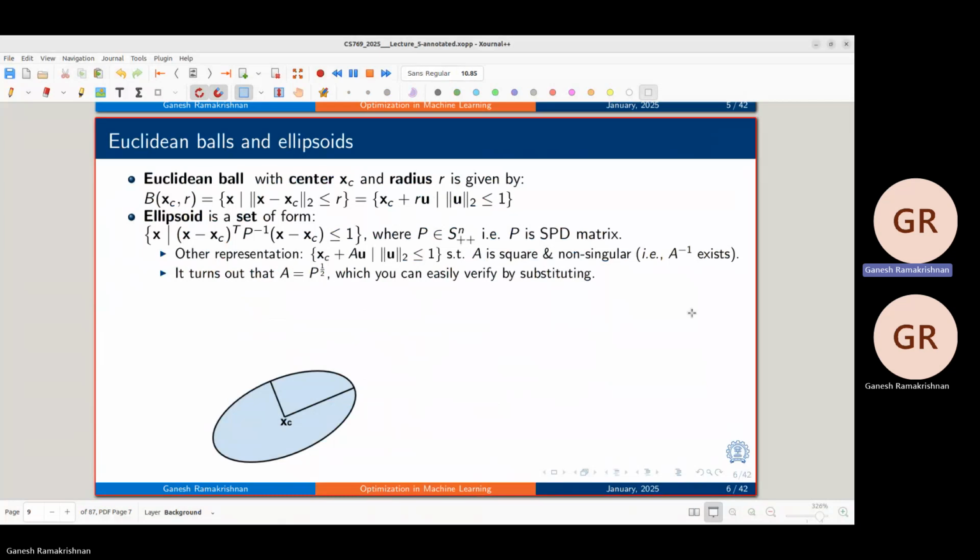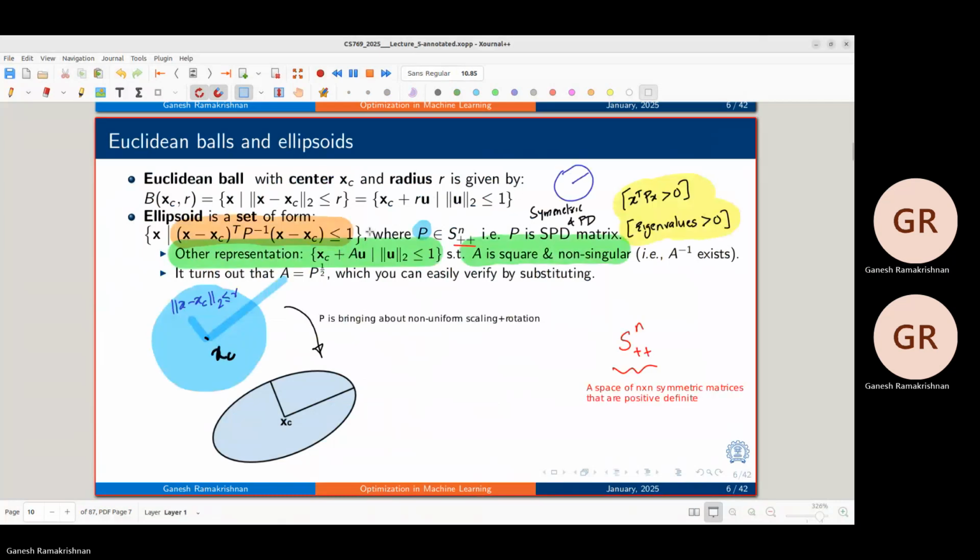A Euclidean ball and an ellipsoid are very related. The relation is as follows. You can define an ellipsoid in two equivalent ways. One is, as I said, by bringing in some scale and rotation: x minus c transpose P inverse x minus c.